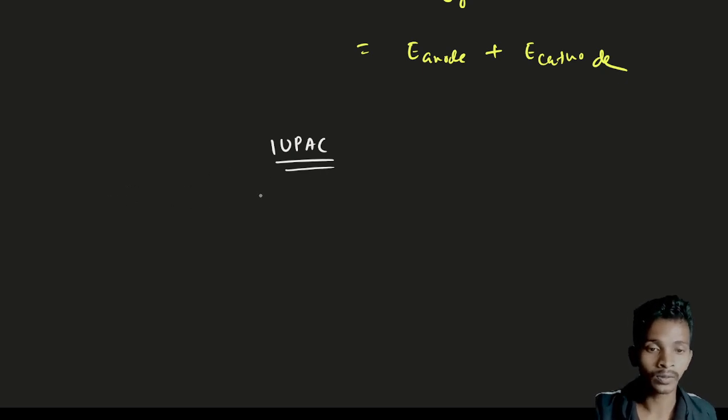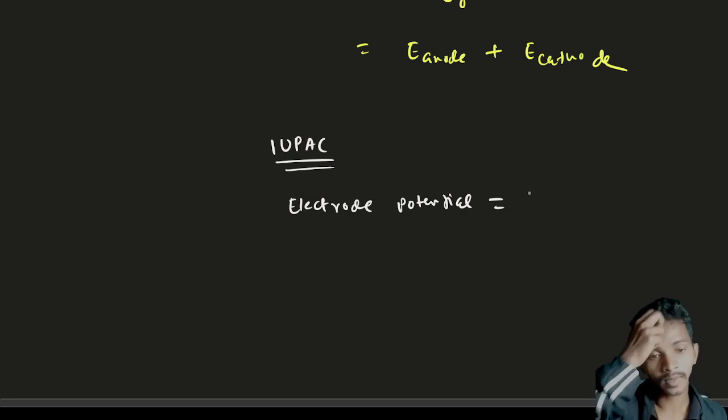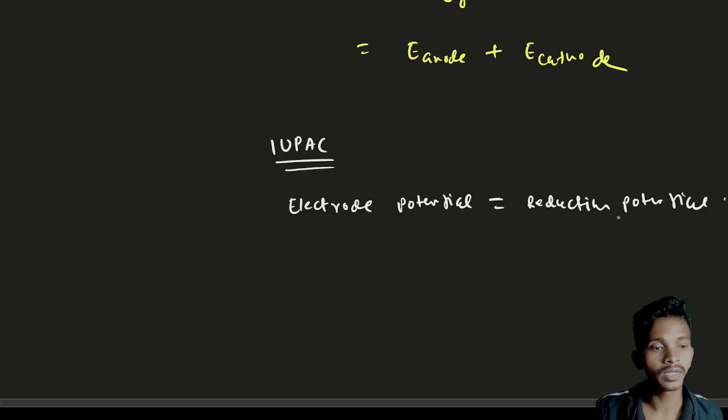Why? Because IUPAC gives the standard which everybody has to follow. They take standard electrode potentials only in terms of reduction potential, and they do not take oxidation potential.